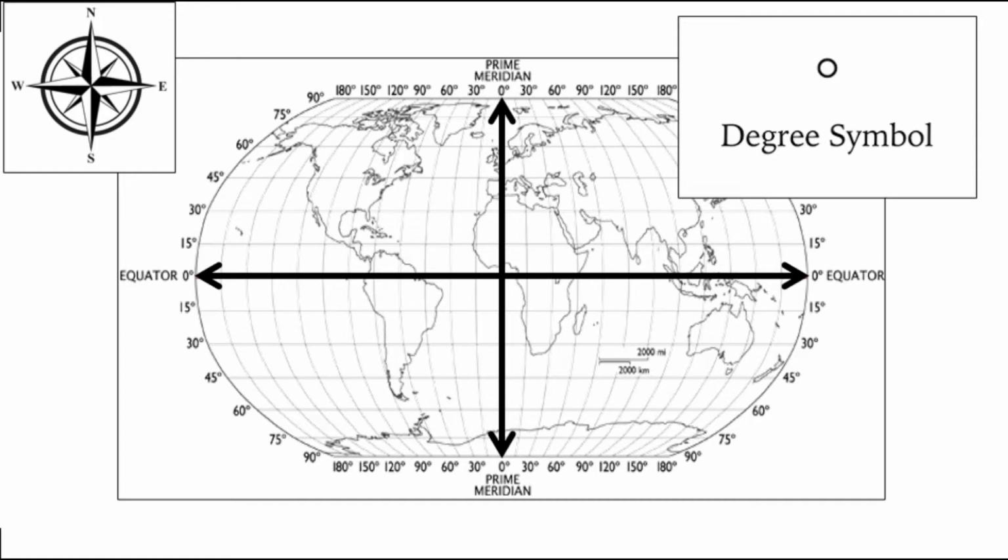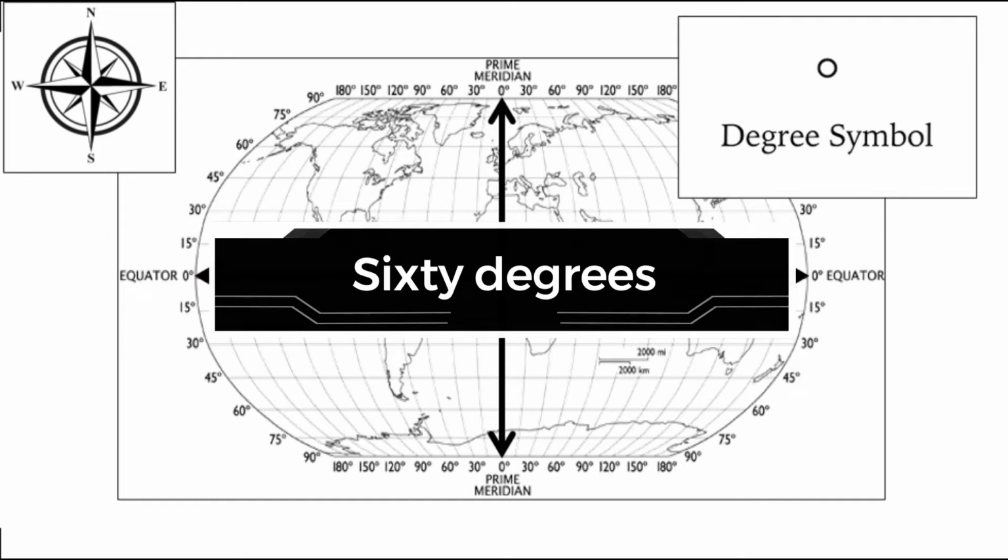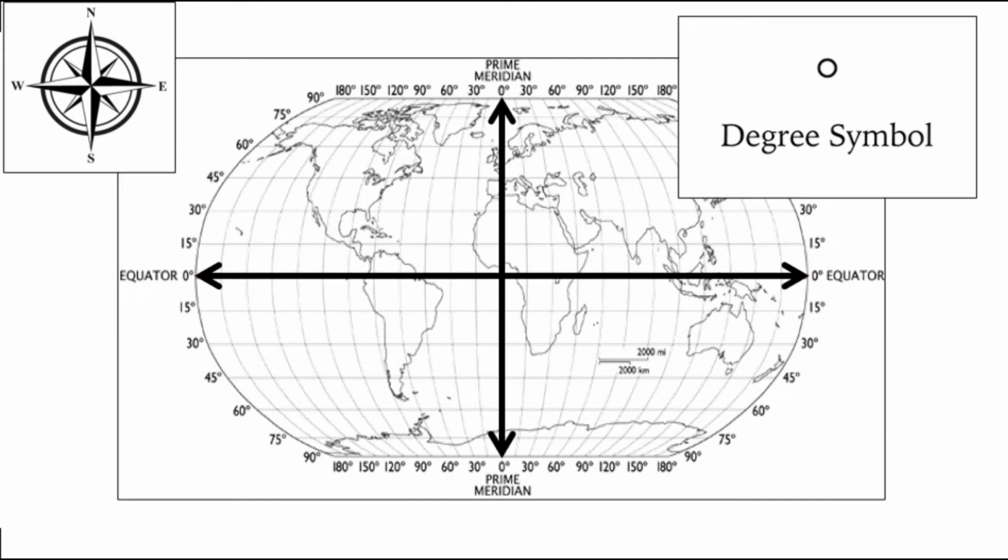All you need to know is whenever you see this symbol next to a number, like this right here, you read it as 60 degrees. That little circle means that you should say degrees after the number. Going over here, you'd pronounce this 15 degrees. Over here, 0 degrees.